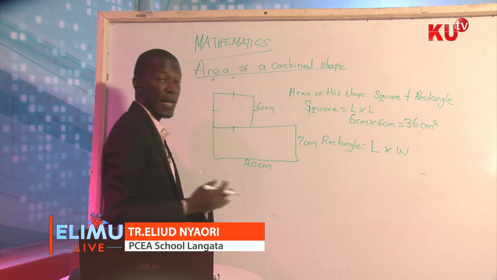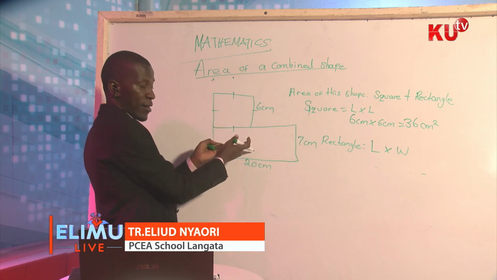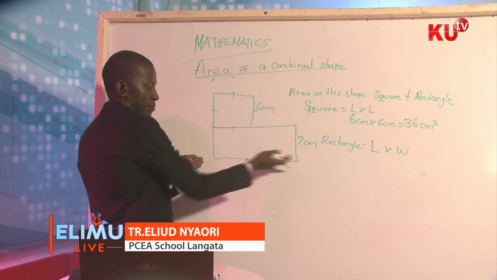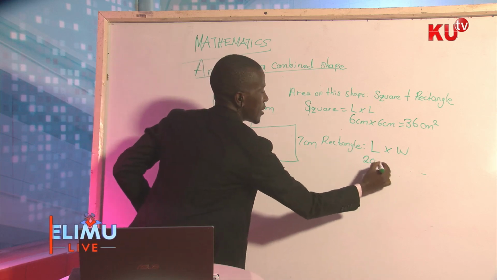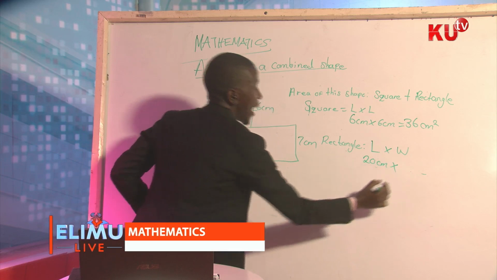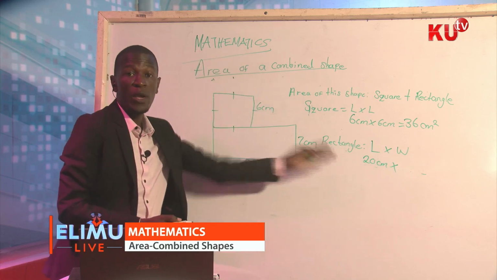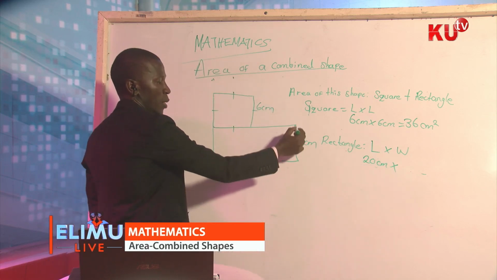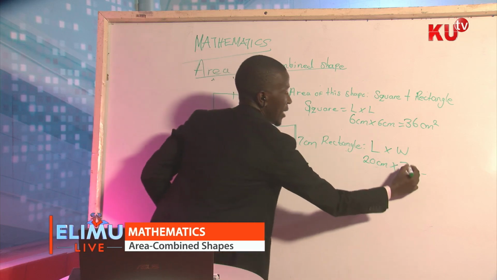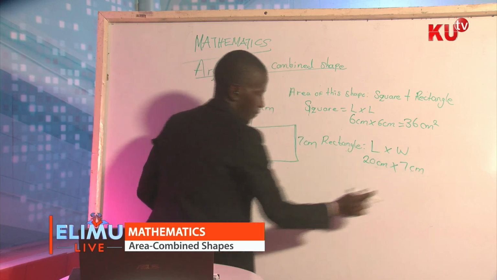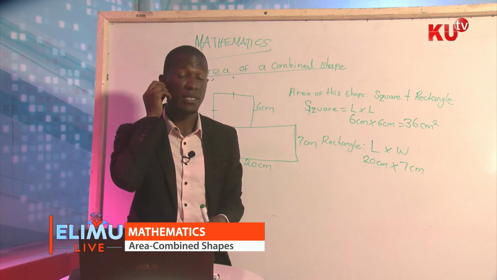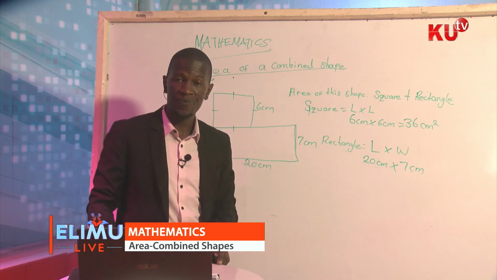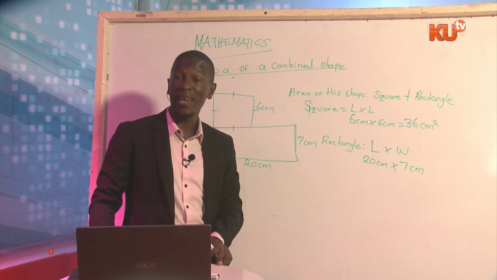What is our length? Length here is this side, which is 20 centimeters, times width, which is 7 centimeters. So learners, what is 20 times 7? Can you work it out within a second?